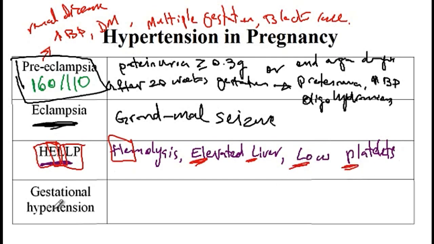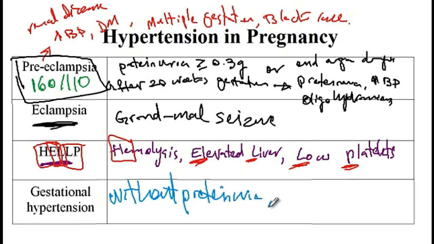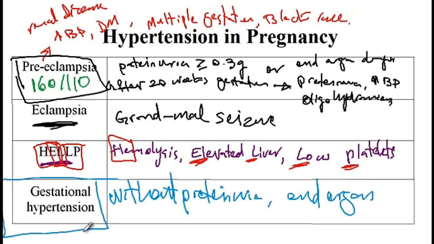And then finally, if a patient presents with high blood pressure after 20 weeks of gestation without either proteinuria or end organ damage, then the definition is just simply gestational hypertension.